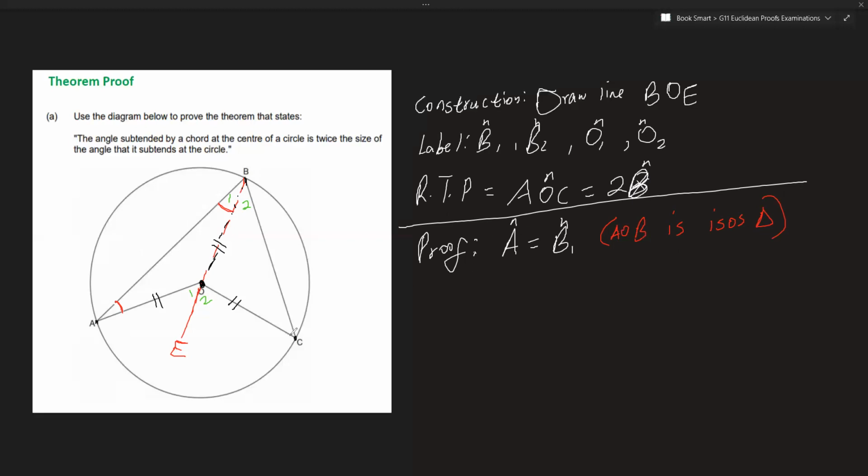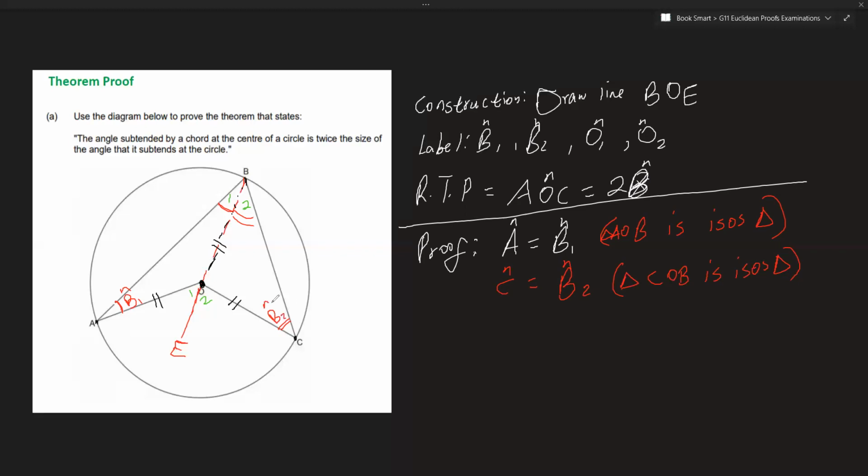And then also angle C, this one, will be the same as that one. So angle C equals angle B2. Similarly, here we forgot to show this. Triangle COB is an isosceles triangle. If it's isosceles, the base angles are always going to be the same. So here I have a right to say angle B1, and here I have a right to show that this is angle B2.